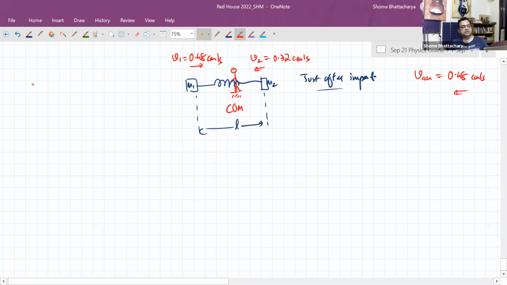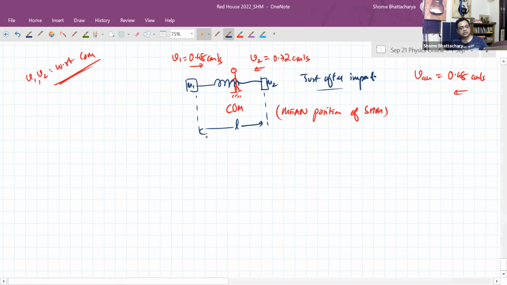Remember here that V1 and V2 are with respect to center of mass. If you compare this diagram to the earlier diagram above, you'll understand how it is different. So this is at the mean position of SHM.